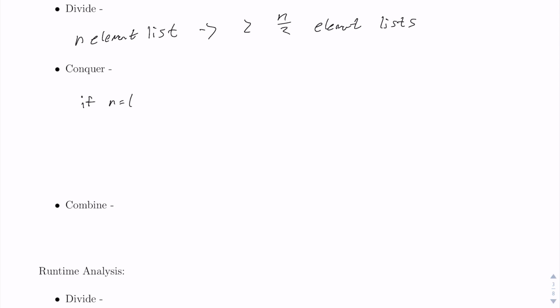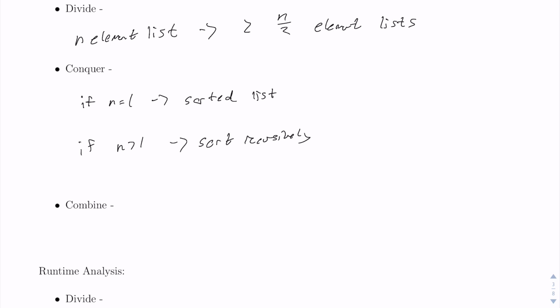So if n equals 1, then you have a sorted list of size 1. If n is greater than 1, what do you do? Again, you sort recursively, so you keep breaking it down until you hit your base case. It's just recursion. You should have gone through this in one of the last homeworks.